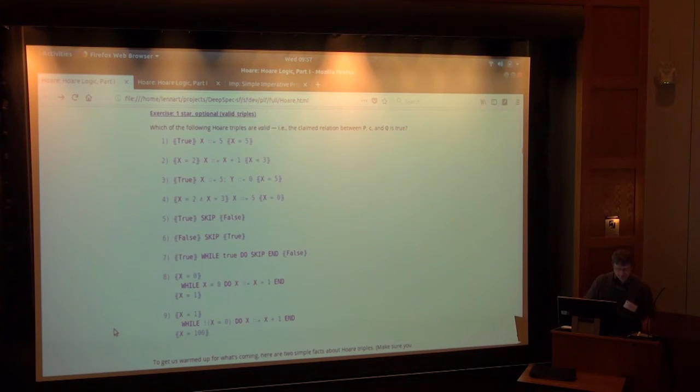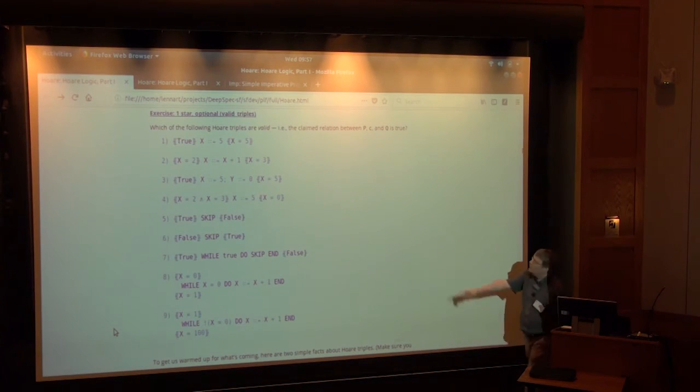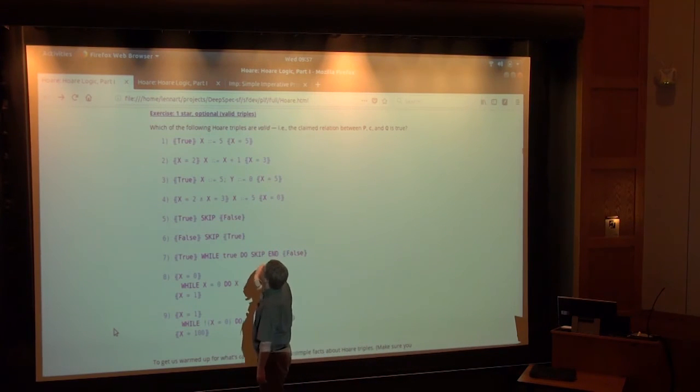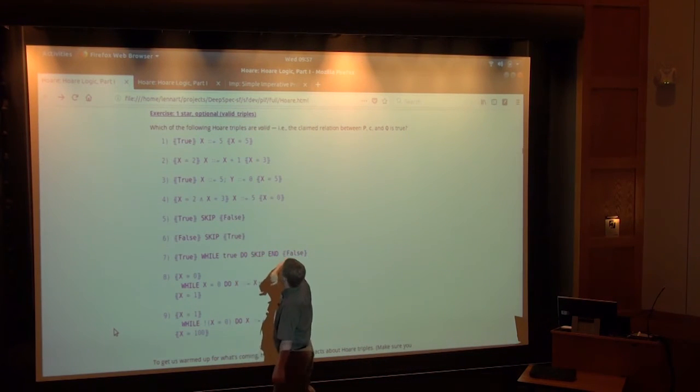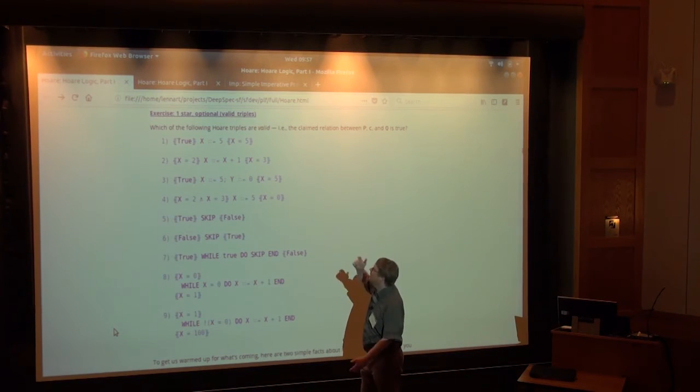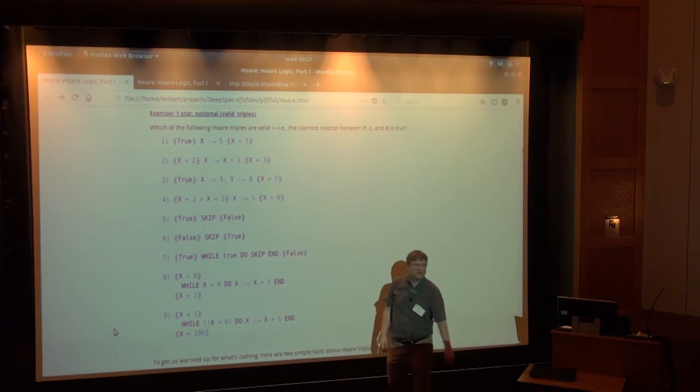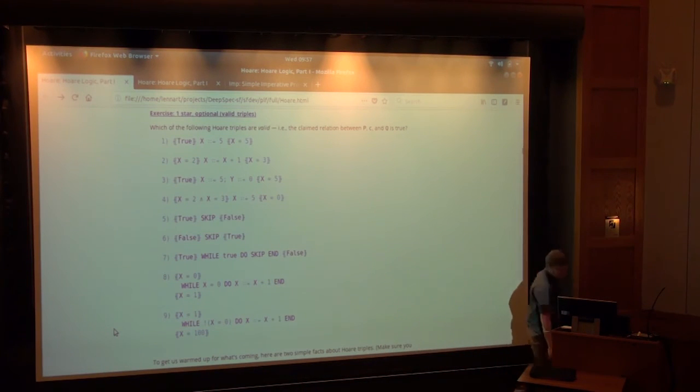Well, what happened here? We simplified away this case of first LE second, basically. And so, again, we just get true, which is easy to prove. And now, what do we do next?